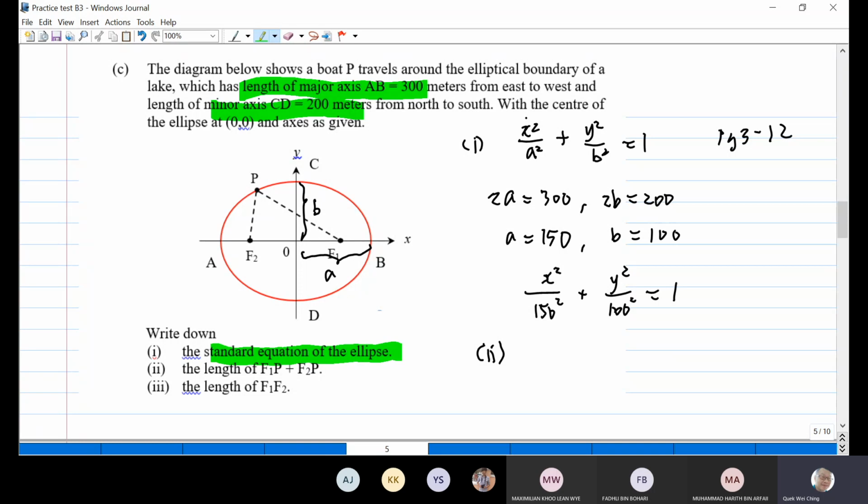I'm going to redraw this diagram again to show you, because I don't want to confuse you here. Okay, this is part 1 first, so let me WhatsApp this part 1 to you first. This question is not in the practice exam. I replaced the question in the practice exam with this one because you need to know how to do questions on ellipse.